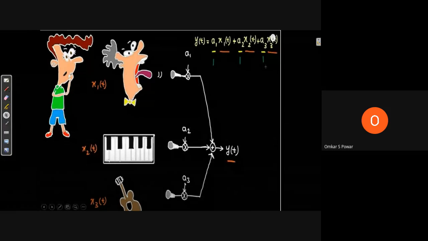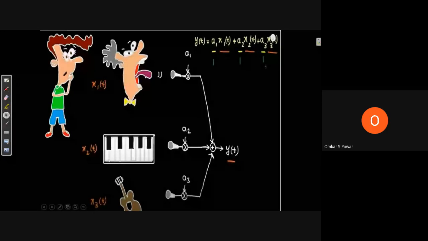So A3, you can also increase or decrease the signal. Now consider the condition where a person is singing and there are a lot of music components. So y of t is equal to A1 x1 of t plus A2 x2 of t plus A3 x3 of t.